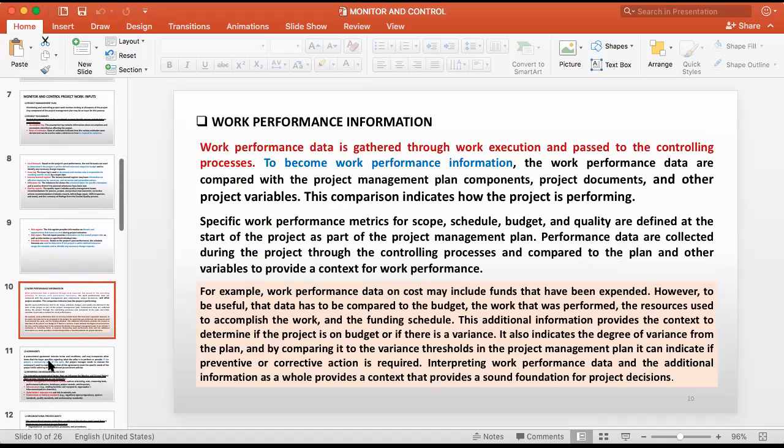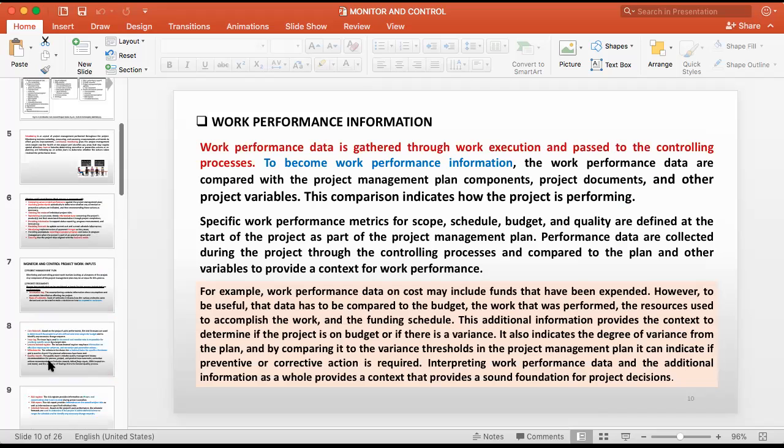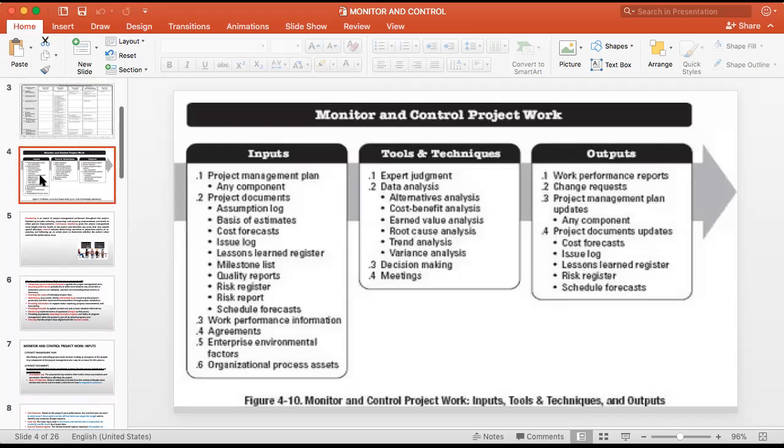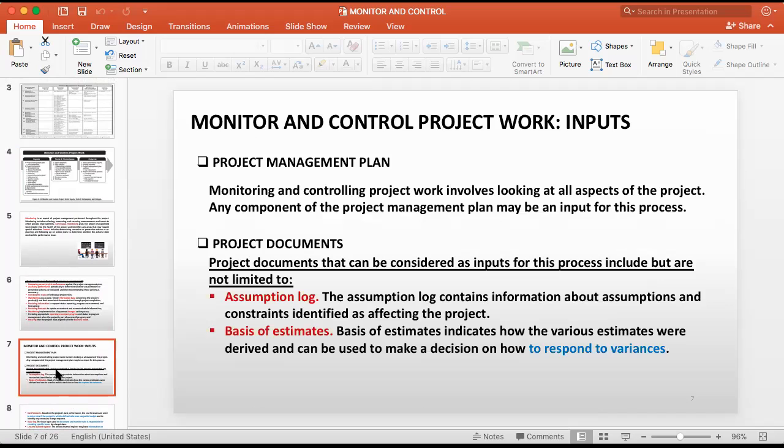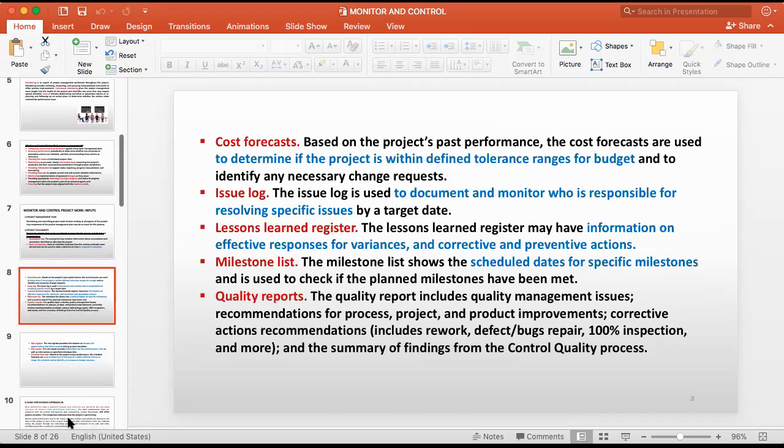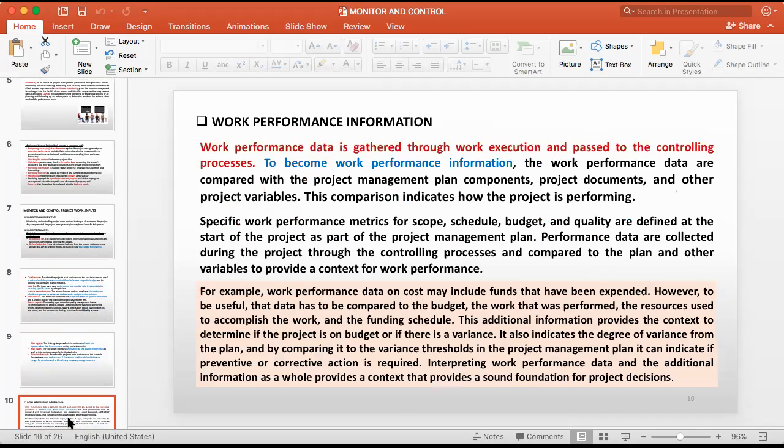So work performance information. It is an input. I told you every subsidiary control process gives an output, that is work performance information. So that is very important. Work performance data is gathered during work execution and passed to the controlling process.